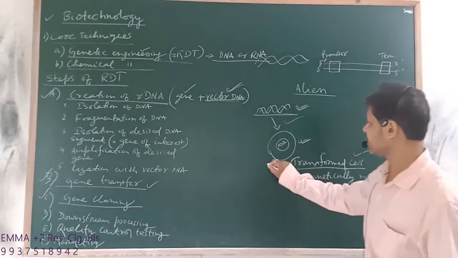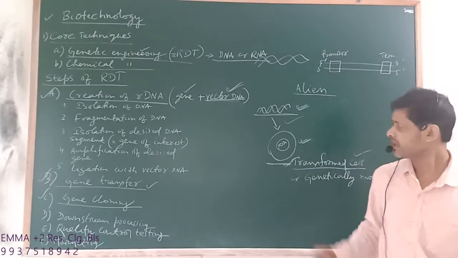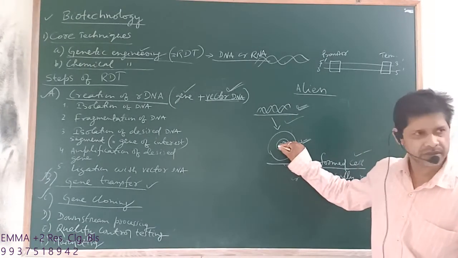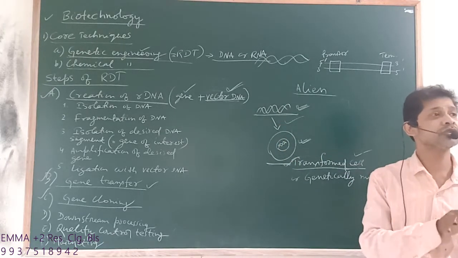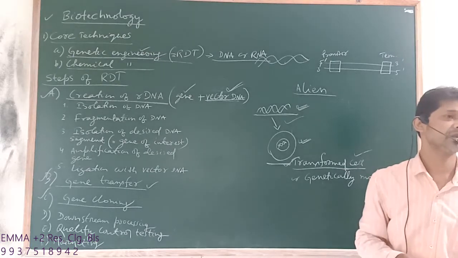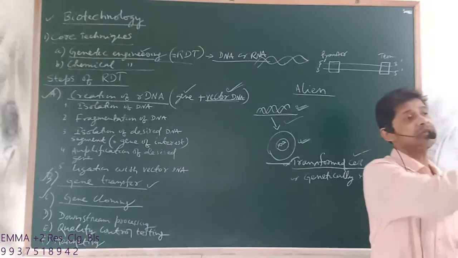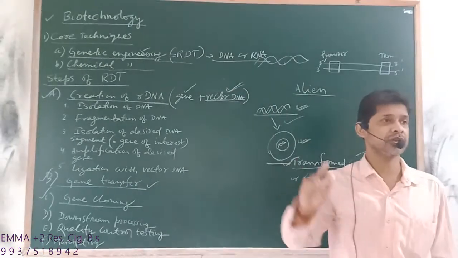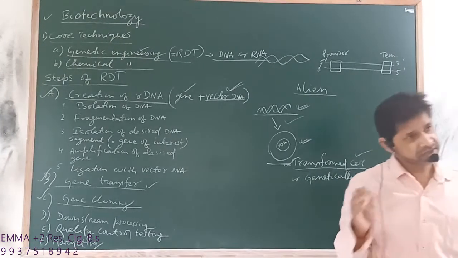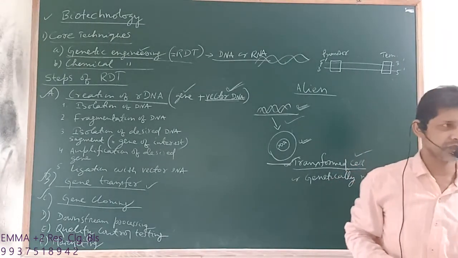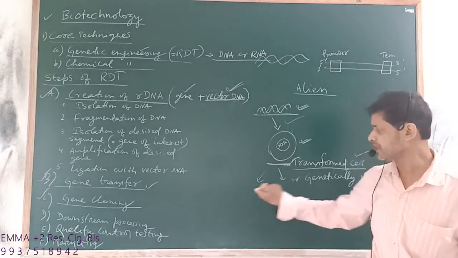So this genetically engineered cell should express the gene. Suppose this is the insulin gene. Our purpose is to prepare recombinant or genetically engineered insulin so that it can be given to the entire population, to the entire world. So for industrial scale production, this recombinant cell should multiply to increase its number.